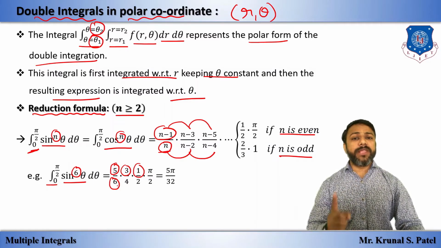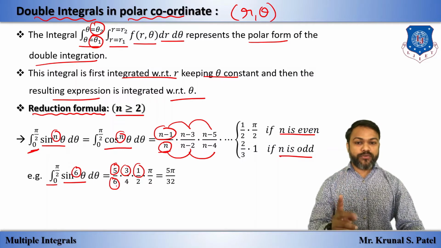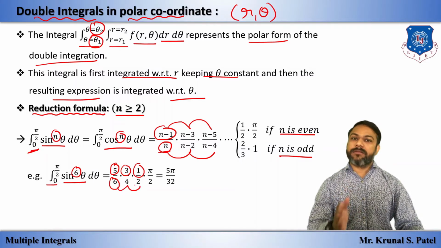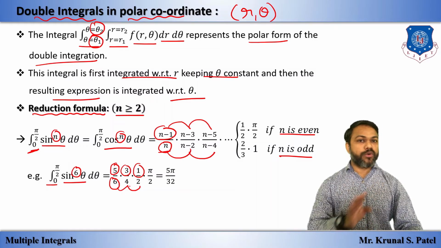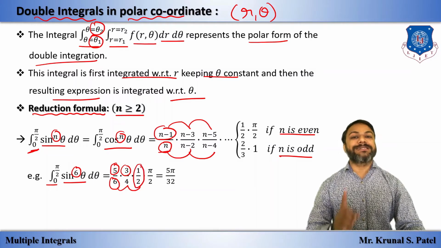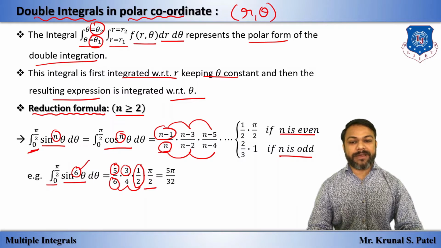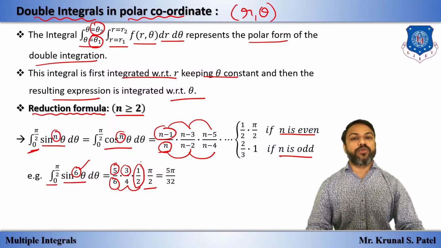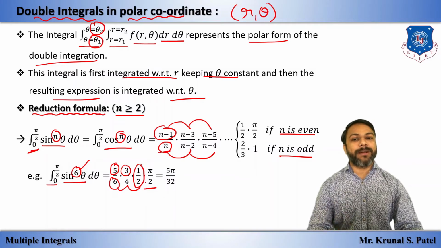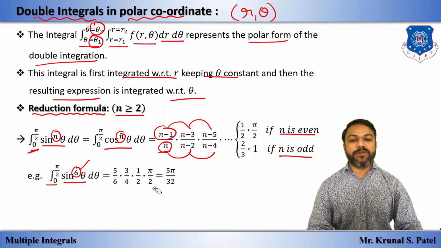Similarly, if we subtract 2 from the denominator, we get 4, then 2, then it will be 0. So no need to go further. Here you can see 1 by 2 is the last term, so we have to multiply by pi by 2. And as I told, it is an even power, so the last term will be 1 by 2 and we multiply by pi by 2. By canceling out the terms, 3 twos are 6.